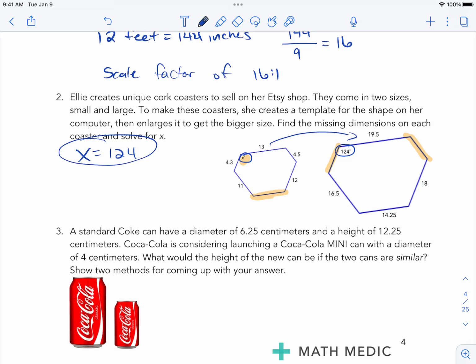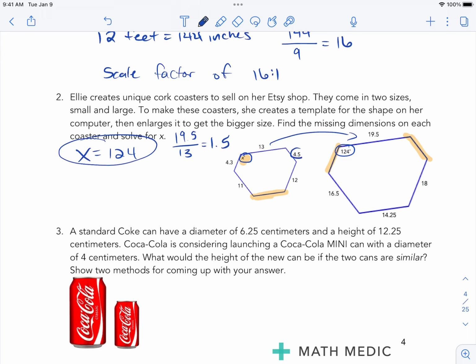To figure that out, I can take 19.5 divided by 13, and that gives me, sorry, not 4.5, 1.5. 19.5 divided by 13 is equal to 1.5. And so then we can use that fact to help us figure out the other lengths.